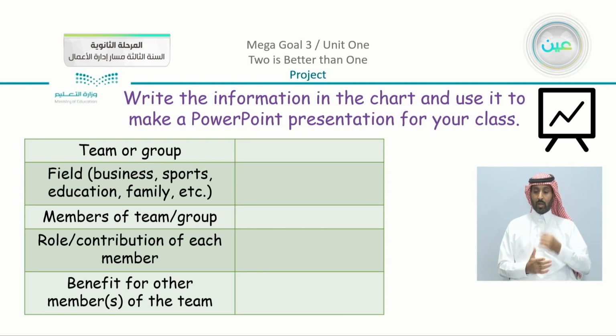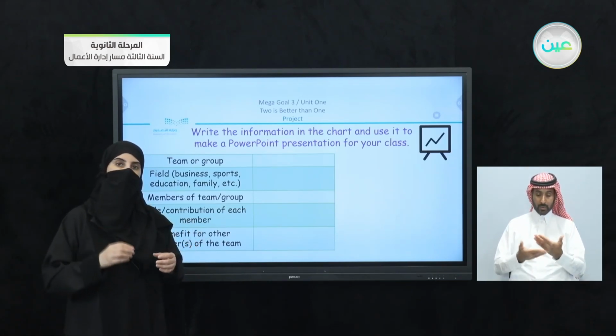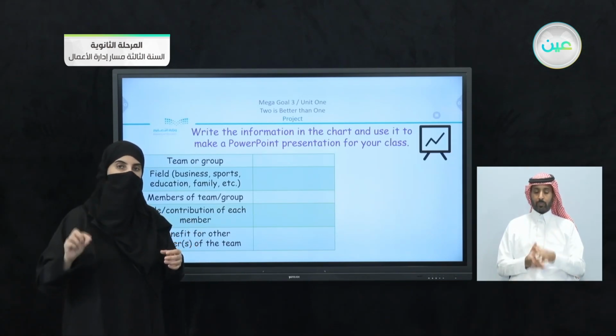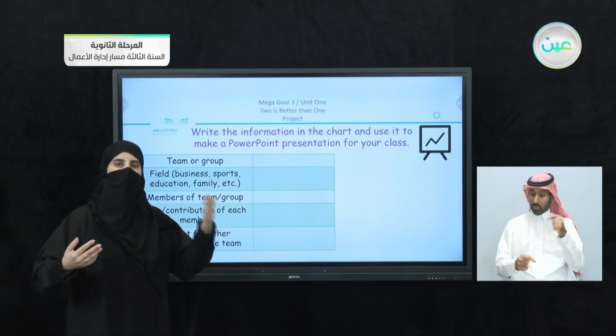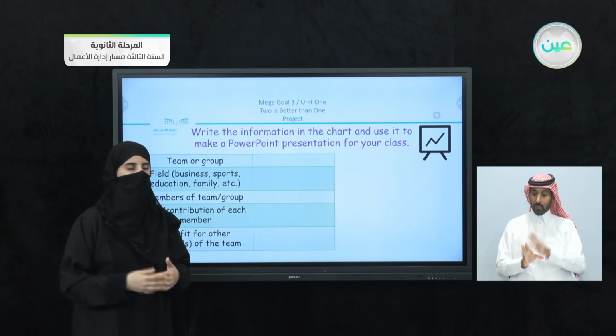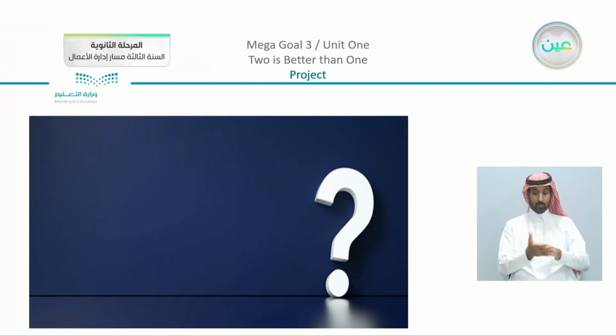Benefit for other members of the team. I said that we want here a symbiotic relationship. So you have to recall, just as points here in the chart, what benefits each member gets from the other member. This is the main chart that you are going to use.